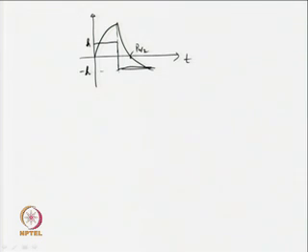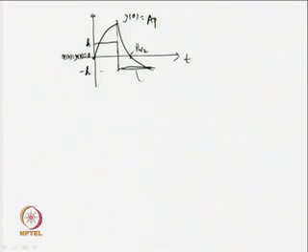Now, what is the output? Peak output is nothing but y theta is equal to a p, the peak amplitude. And also we know that x 0 is equal to y 0 is equal to 0. So, the output at a zero crossing is equal to 0.